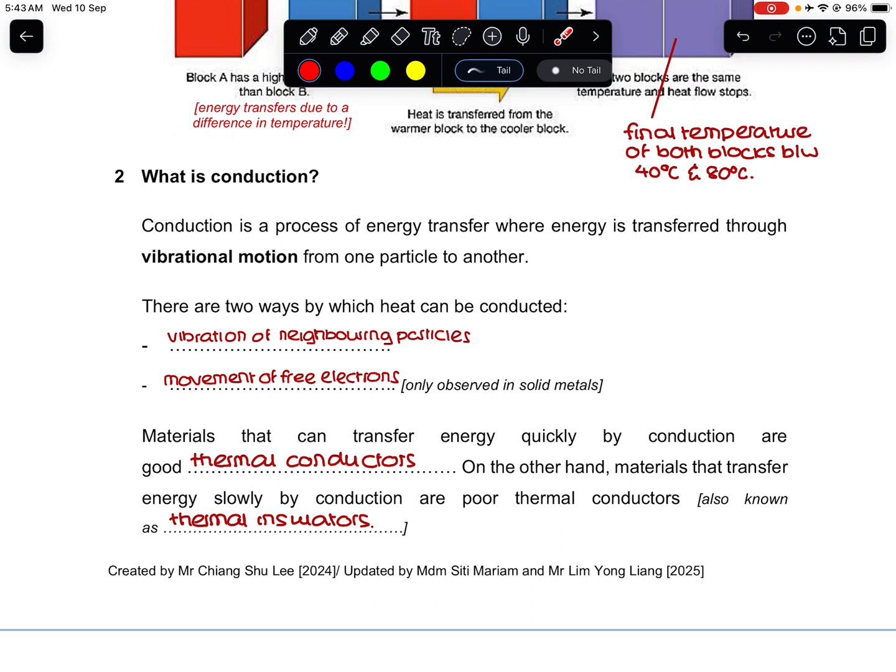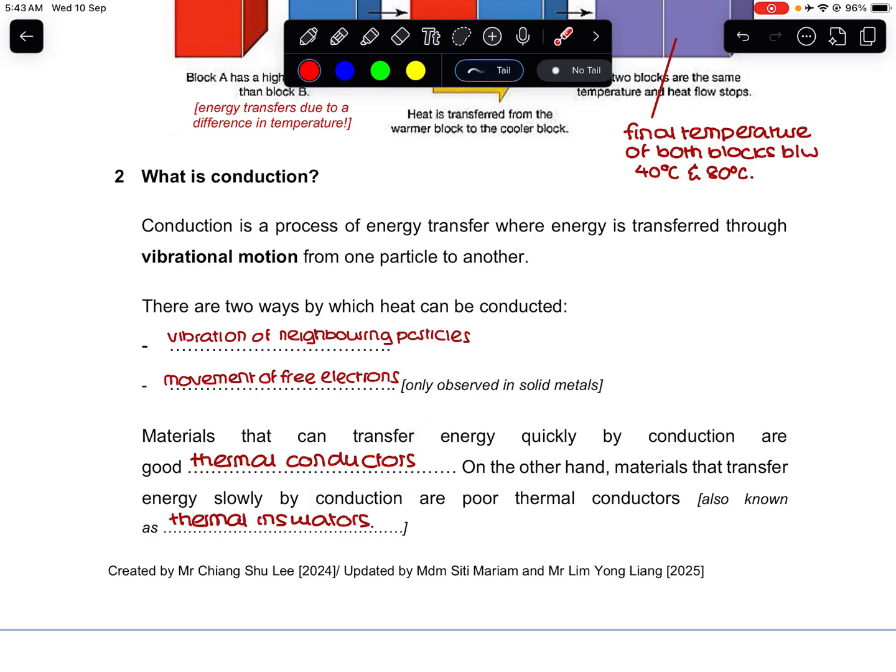Materials that can transfer energy, we also know them as thermal conductors. So we cannot just mention the word conduction or conductors, right? You realize that this word conductor is one of the key words that we will need to use in order to explain why certain materials are able to transfer heat much more effectively or efficiently as compared to other materials.